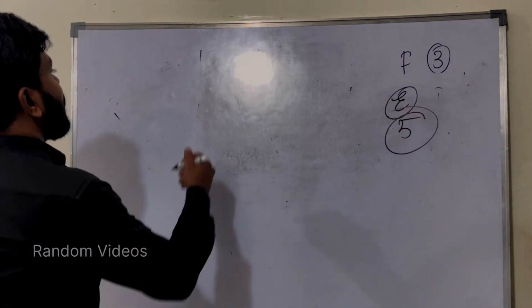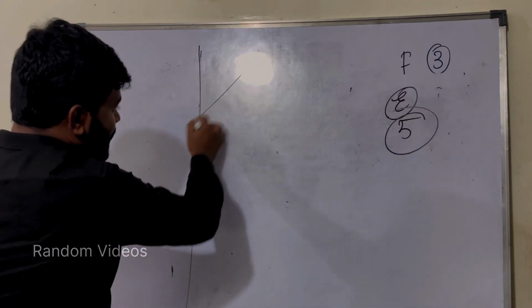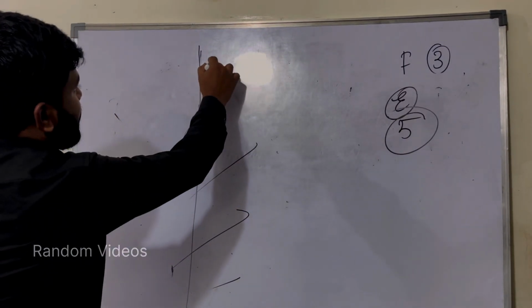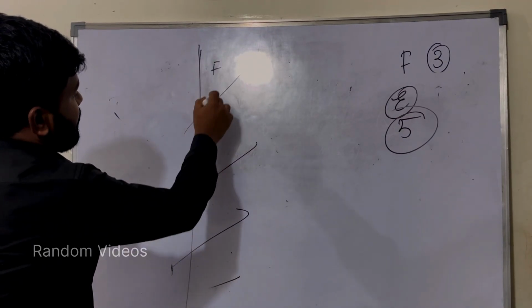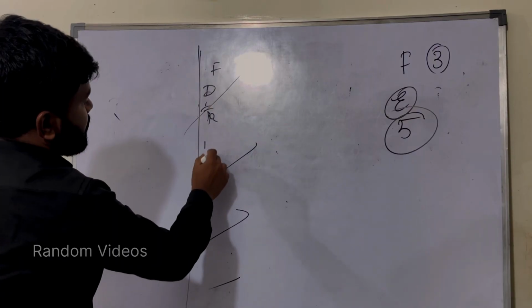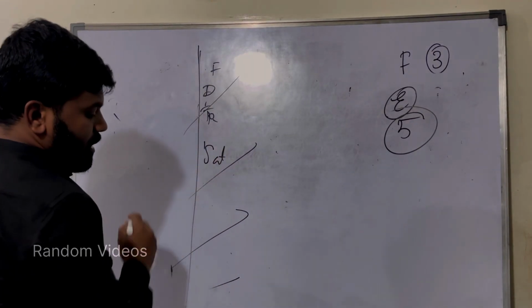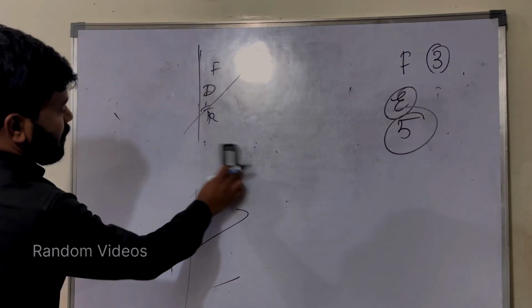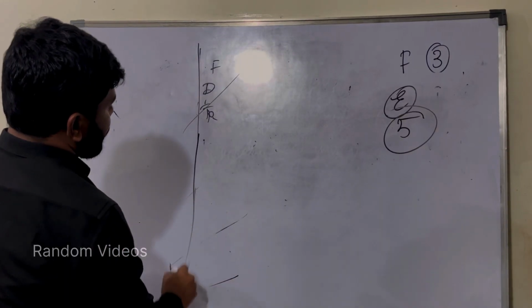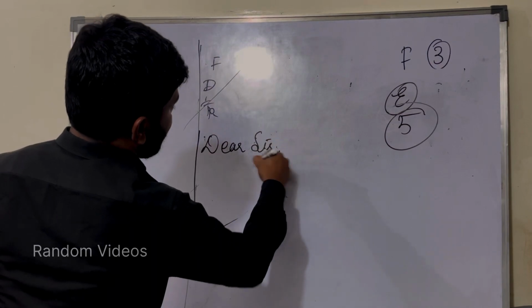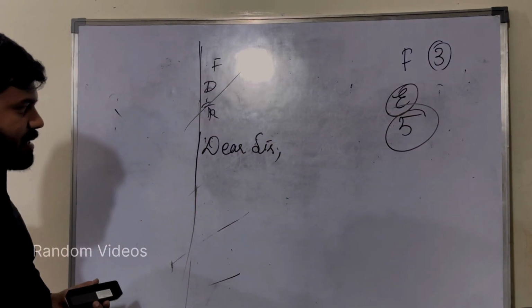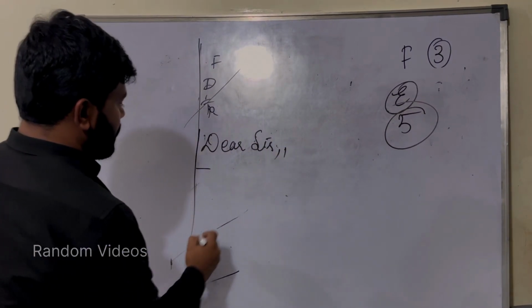See to it that you always write everything on the left side: from address, date, to address, salutation. Here I actually forgot to tell you, you write dear sir. Students will have a question: sir, should I start from here or here?